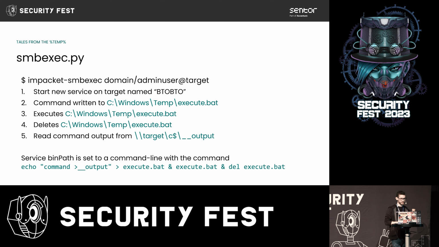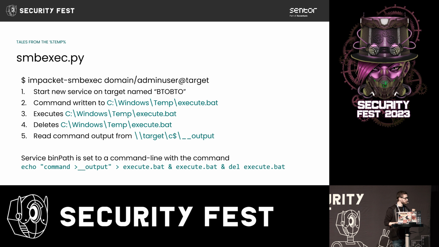And that command line uses a static path to a script file located in the temp directory, executes that and removes it. And then it writes the output to __output within the C directory.